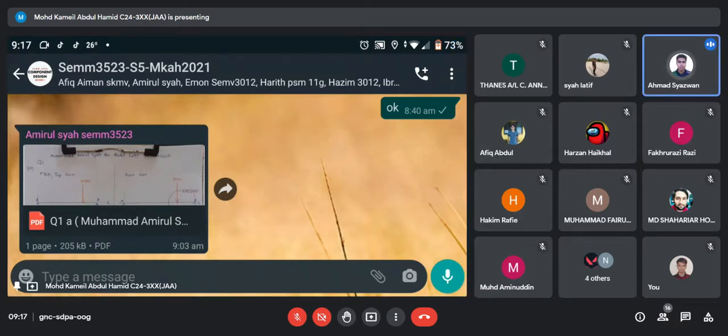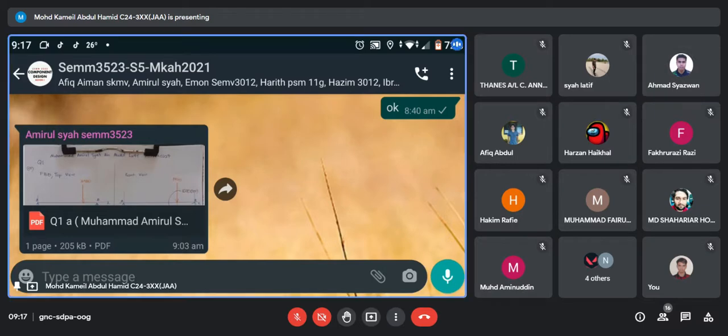Sekali lagi doktor nak cari jenis-jenis bearing. Okay tak? Bearing tu. Aduh, sorry. Okay, siapa yang dah siap boleh share dululah.